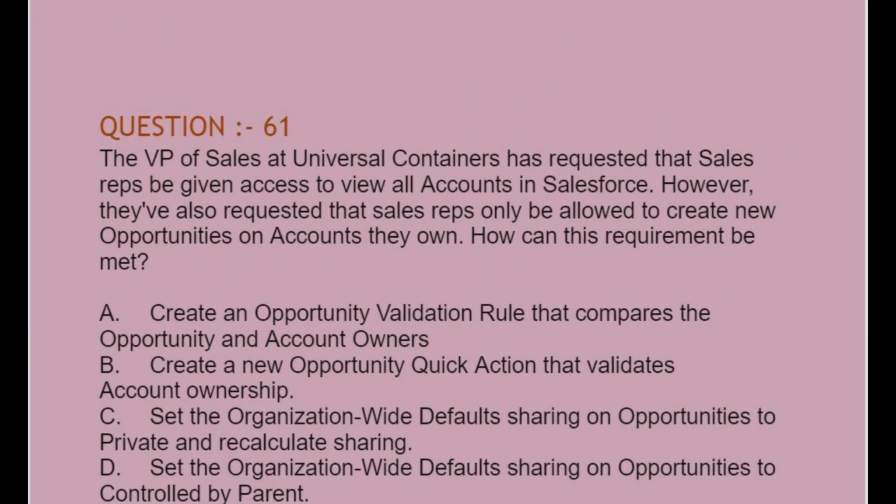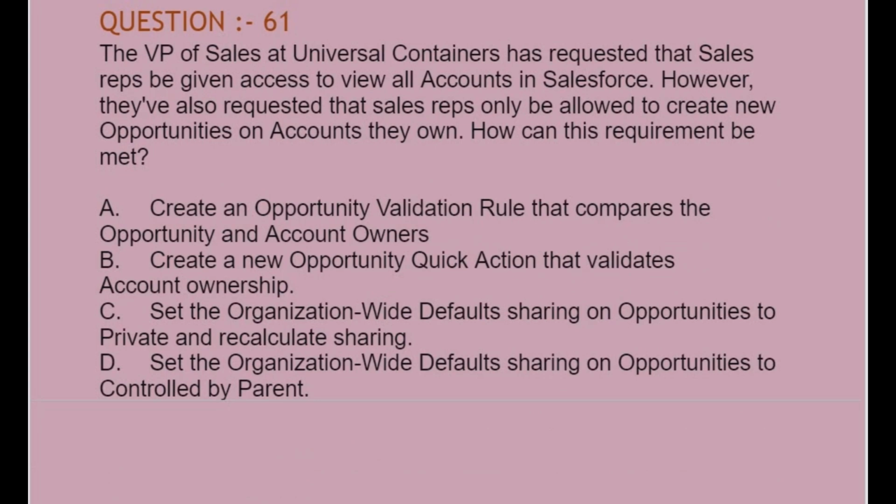Question is, the VP of Sales at Universal Containers has requested that sales representatives be given access to view all accounts in Salesforce. However, they have also requested that sales reps only be allowed to create new opportunities on accounts they own. How can this requirement be met? Option A, create an opportunity validation rule that compares the opportunity and account owners.